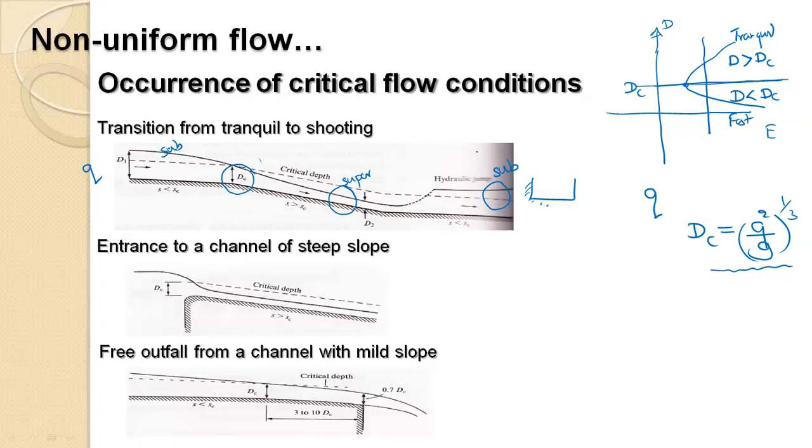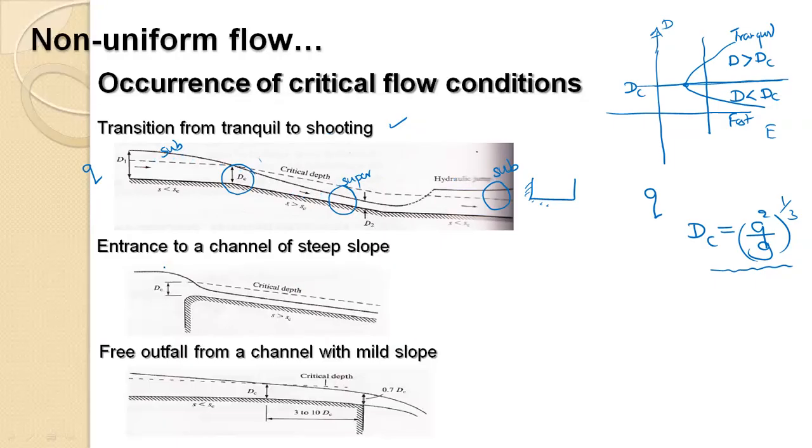In between, if there is a transition, that means the critical conditions occur. Now this is one example where you have a transition from tranquil to shooting, and then shooting to tranquil, or subcritical to supercritical, and then supercritical to subcritical. In both cases you will find the occurrence of critical water depth.